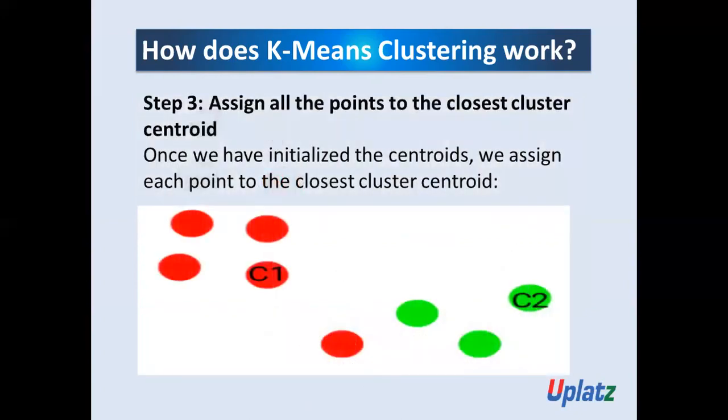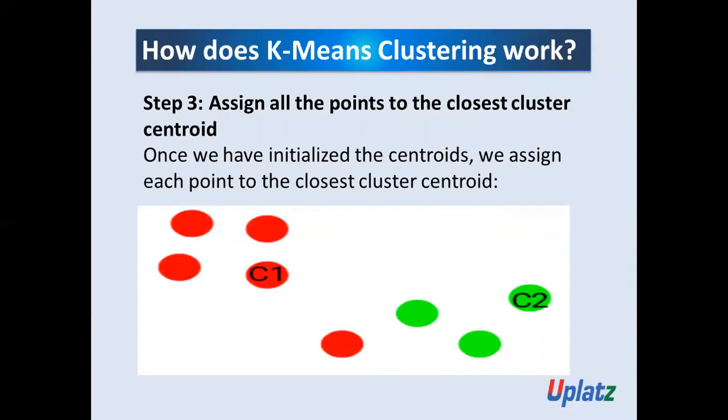The third step is to assign all the points to the closest cluster centroid. Once we have initialized the centroids, we assign each point to the closest cluster centroid.